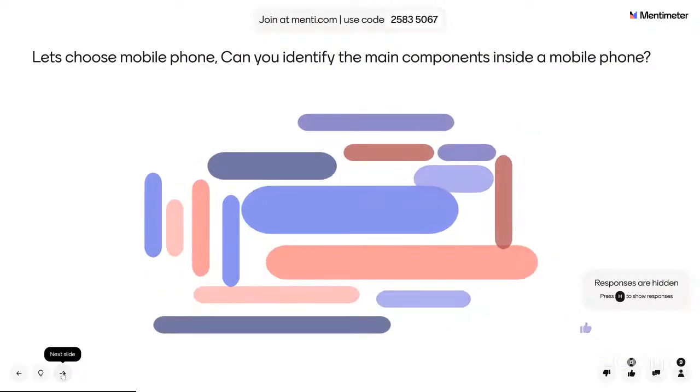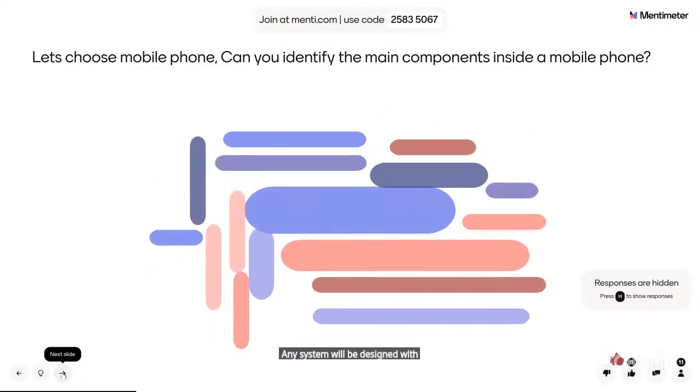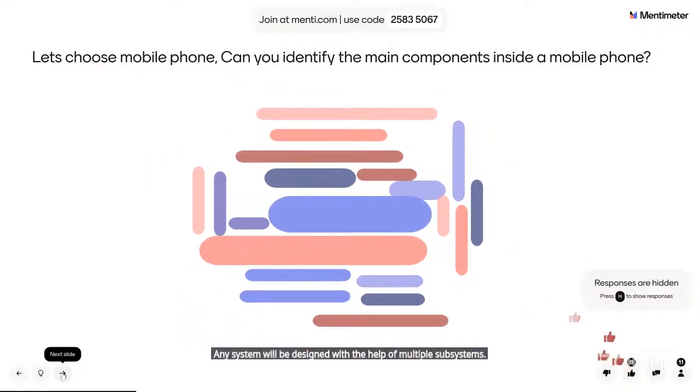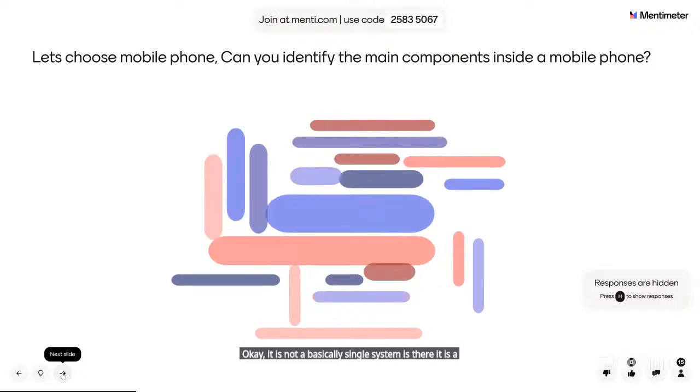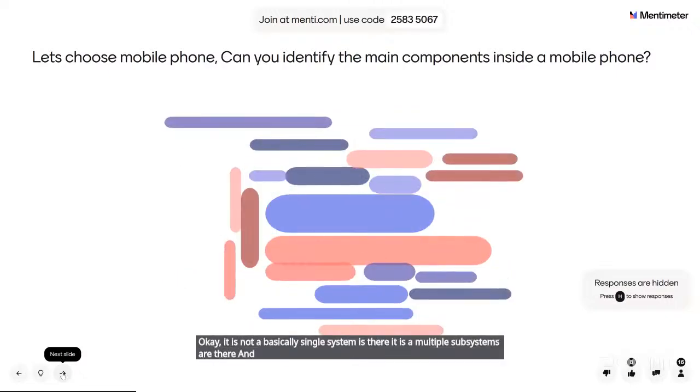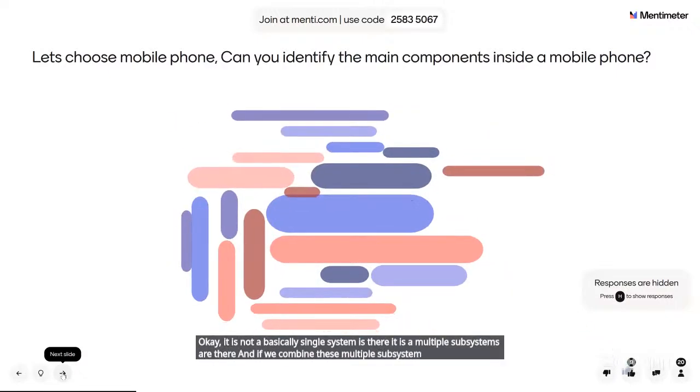Any system will be designed with the help of multiple subsystems. It is not a single system; there are multiple subsystems, and if we combine these multiple subsystems, one complete system is created.